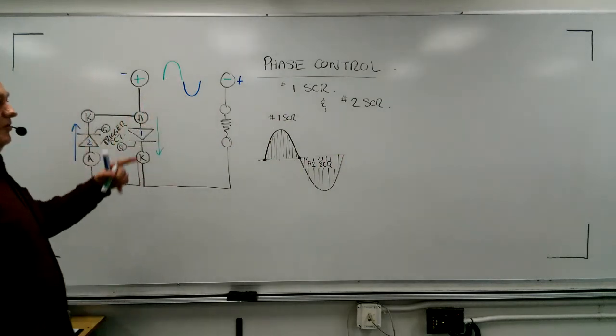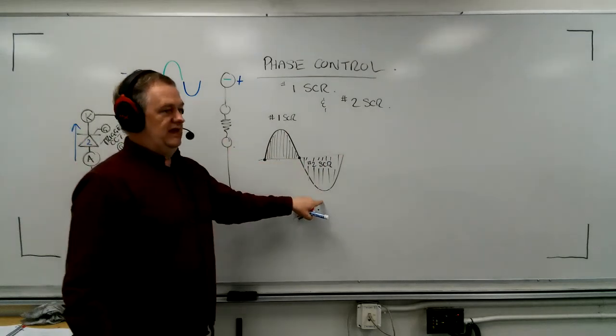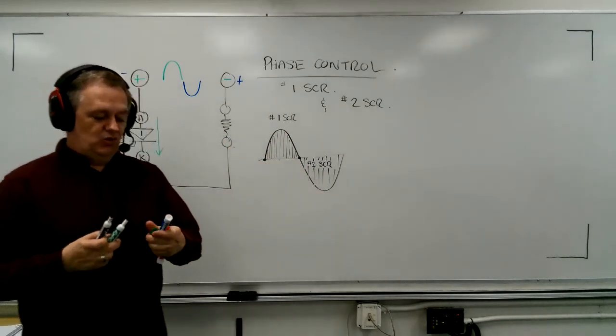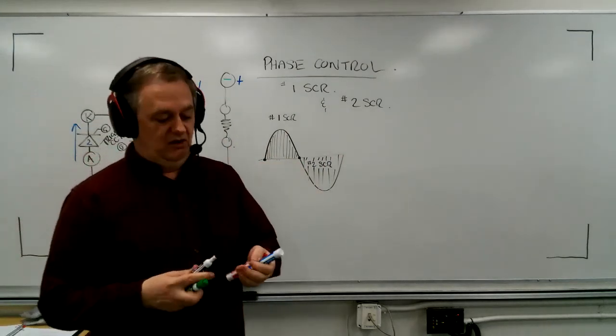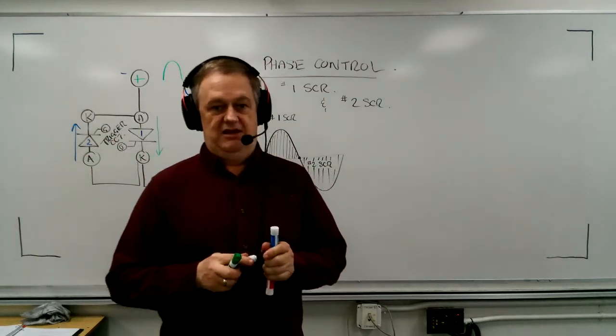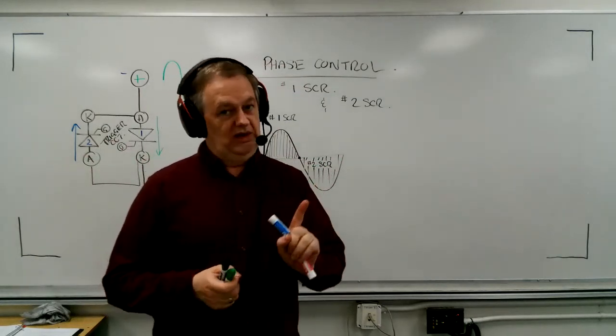One SCR does the positive, one SCR does the negative. Guess what? Each one of those SCRs is still only handling DC value, current in only one direction.